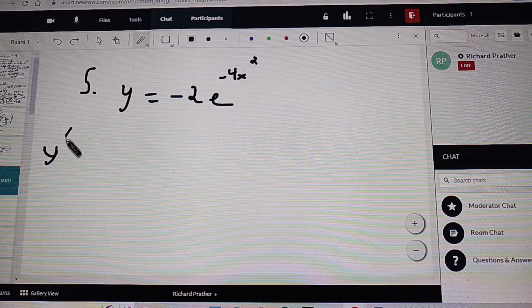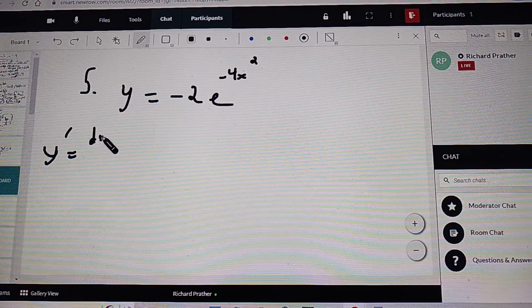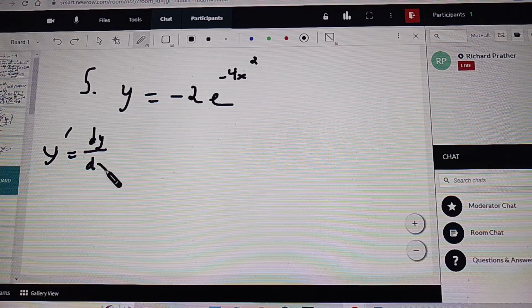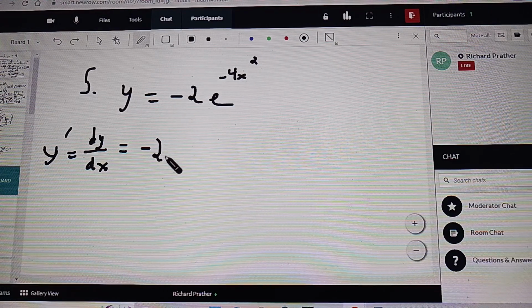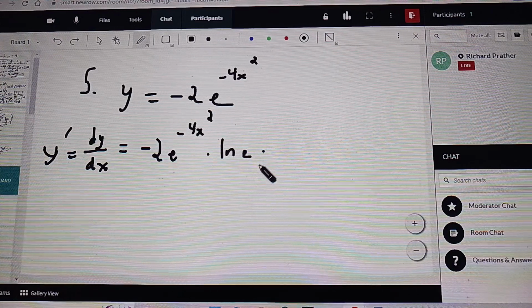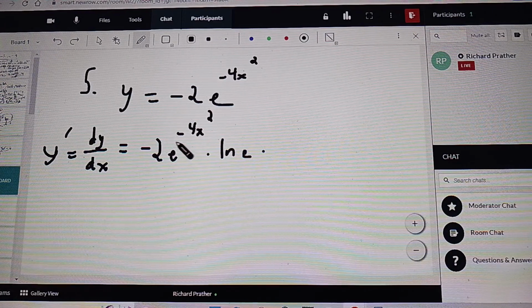So either y prime or dy over dx. You're going to write it exactly like it looks first every time. Don't try doing the power rule. Negative 2 e to the negative 4x squared, technically times an ln of e. And then now I need the derivative of this exponent.